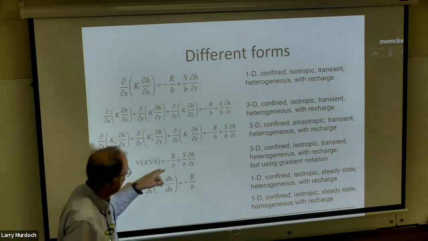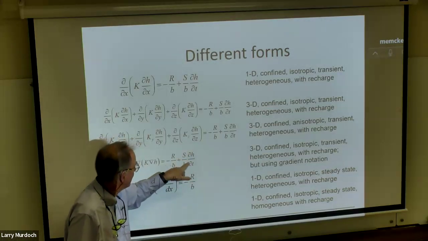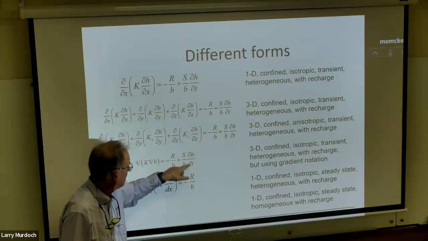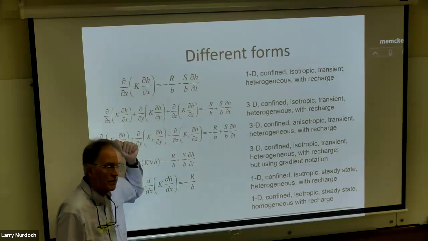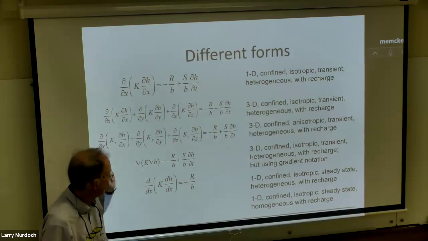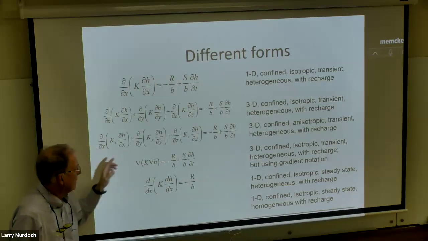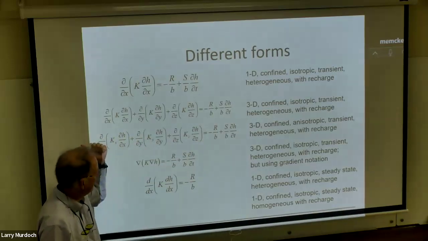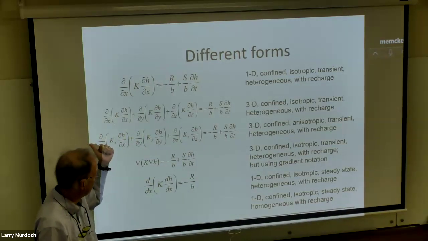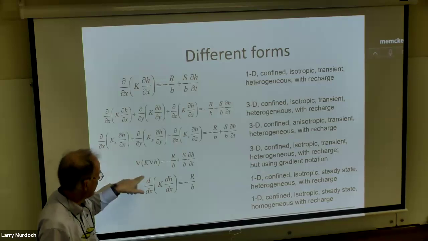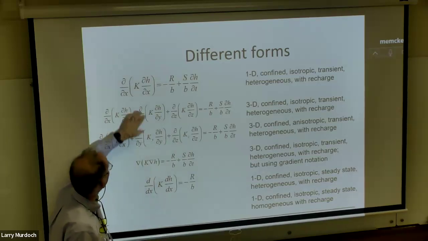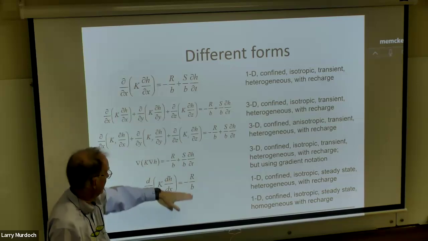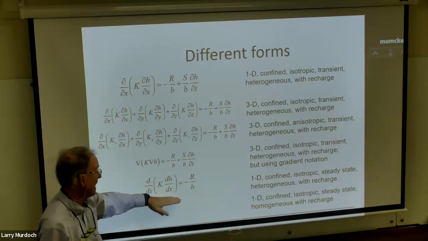If the heads don't change with time, then this term right here, the time derivative, is 0. So if it's steady state, this term here is 0. And if it's just 1D, we go back to this term here. So this is 1D steady state.